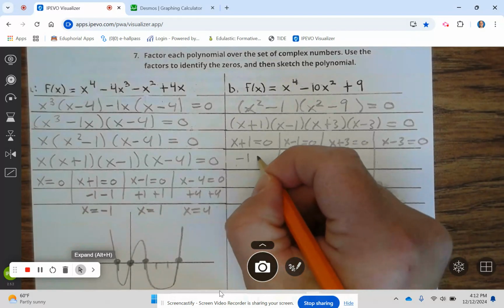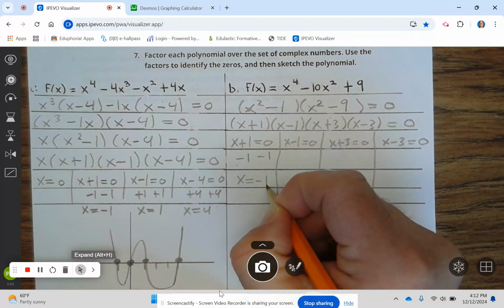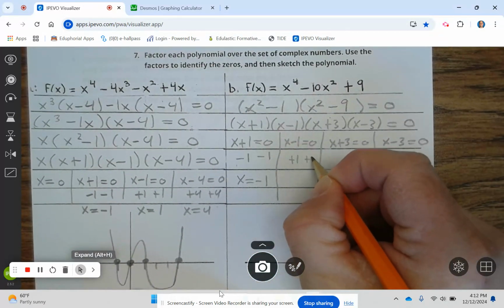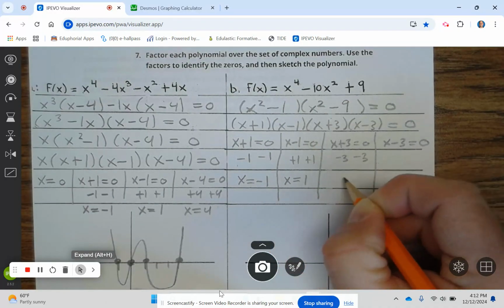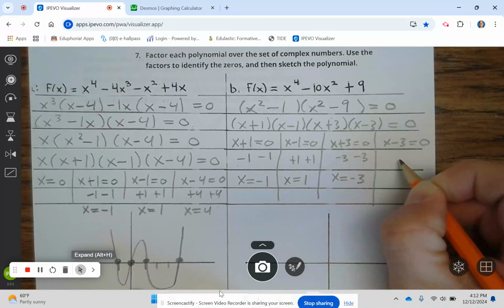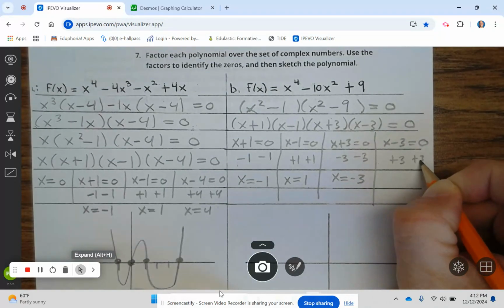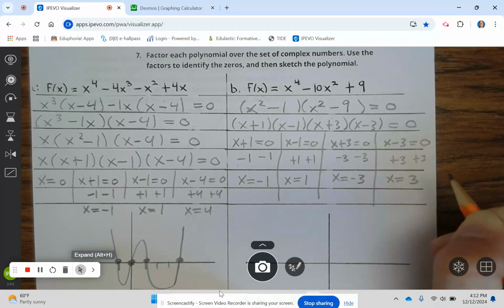So we subtract 1 from both sides, you get x equals negative 1. Add 1 to both sides, x equals 1. Subtract 3 from both sides, x equals negative 3. Add 3 to both sides, x equals 3.